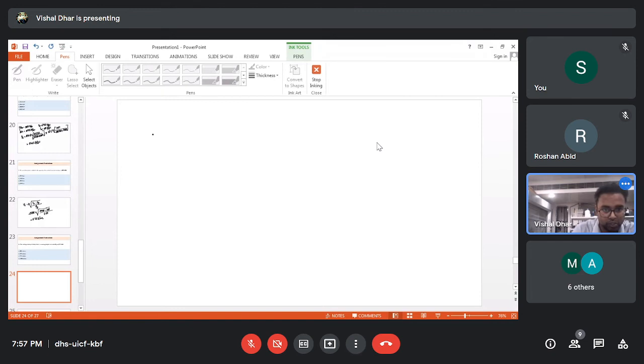So the formula for that will be VH, the settling velocity of heavy fluid, equal to K into density of water minus density of oil, divided by viscosity of water.